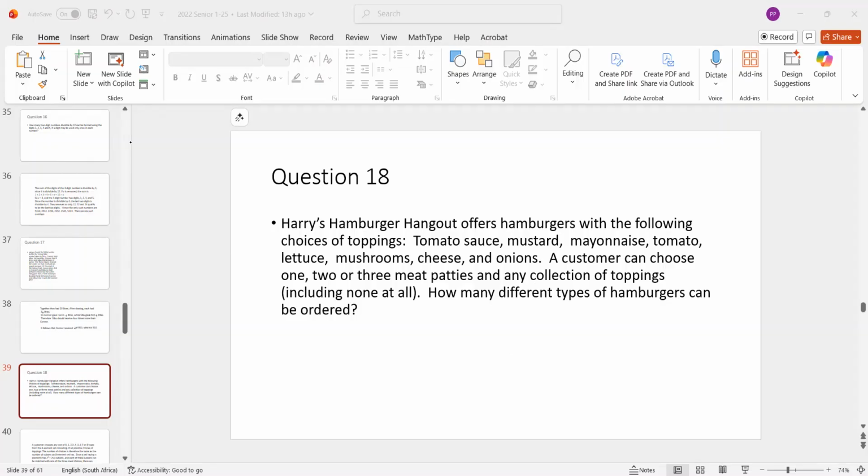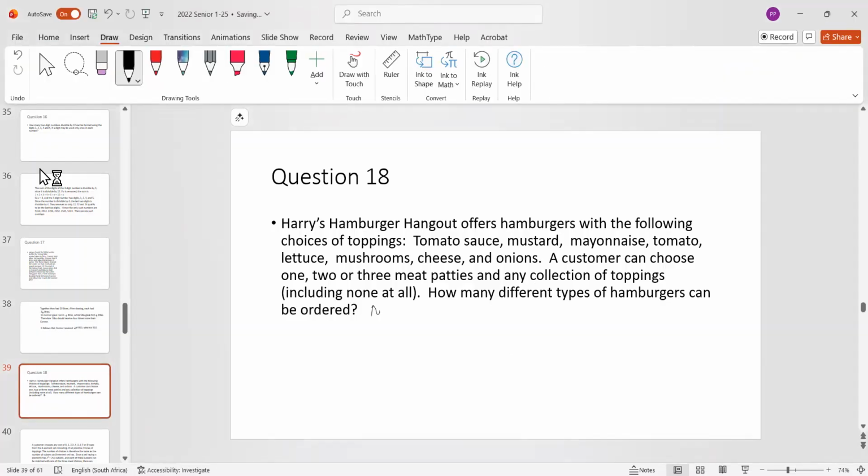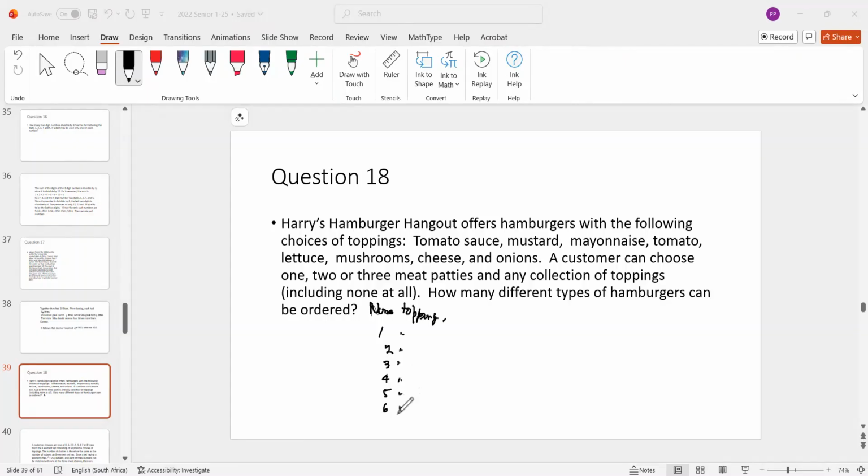We'll take in each case: none, no toppings, one topping, 2 toppings, 3 toppings, 4, 5, 6, 7, 8. All right. So I want to count for each one of them how many there are.